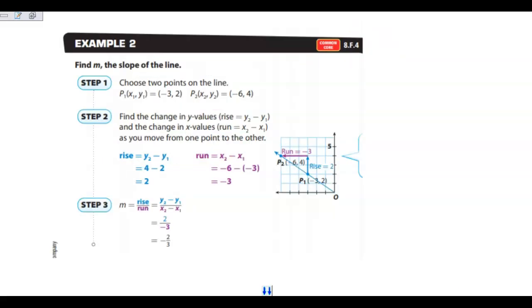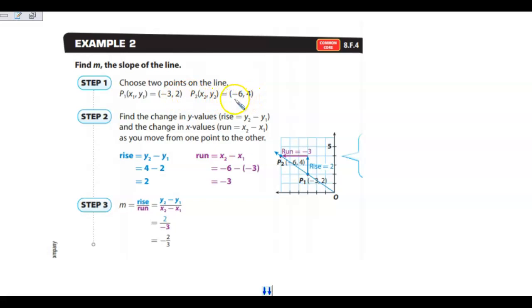All right, so we're going to find the slope of this line. And it says choose any 2 points on the line. And so they chose this point at negative 6, 4, and this point at negative 3, 2. And so this is going to be my x1 and my y1. This is going to be my x2 and my y2.